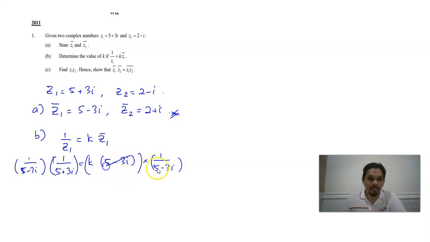So this one divided by itself equal to K. So K equal to, look at this one here right now, multiply this by 1 over 5 minus 3i.